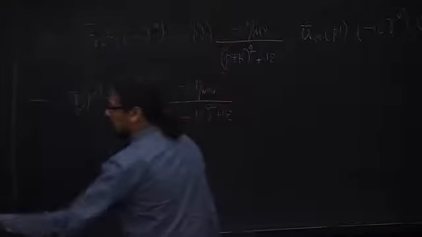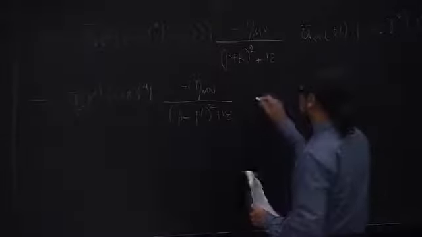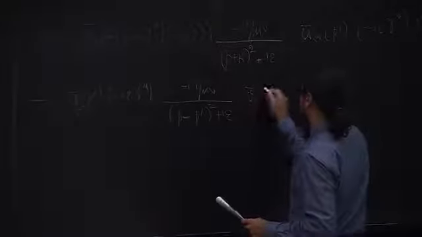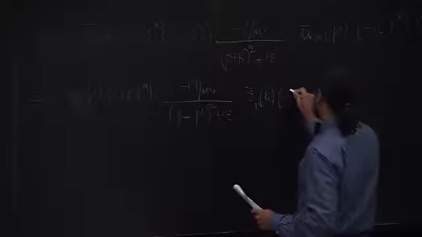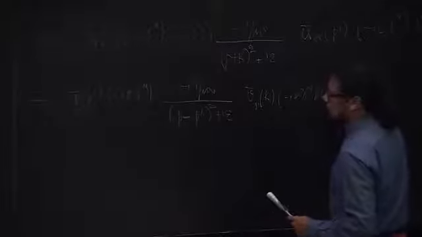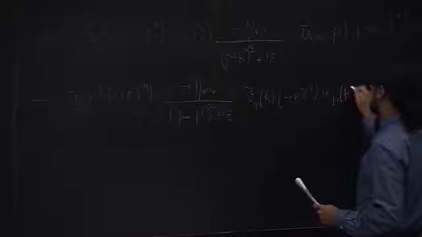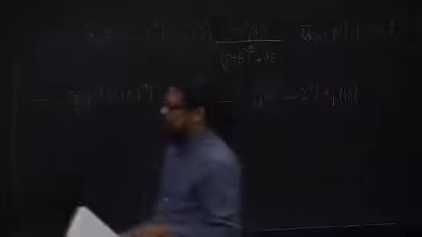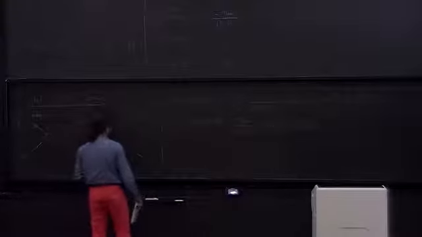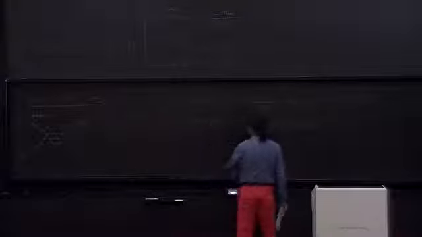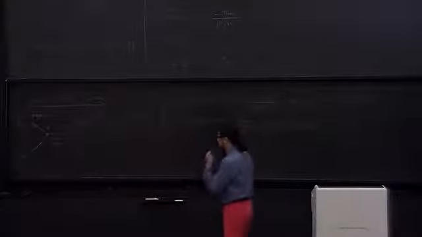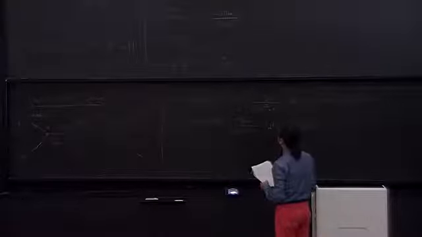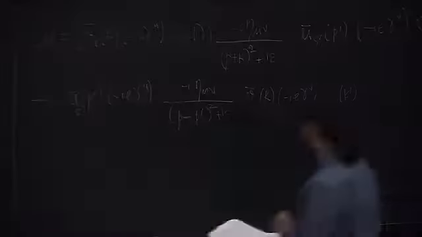And here we have an incoming positron, so V bar R of K, minus i e gamma nu, U R prime of K prime. Notice that the mu and nu indices have been contracted over. Whenever you have an internal line, it gets summed over. So this is the scattering amplitude.